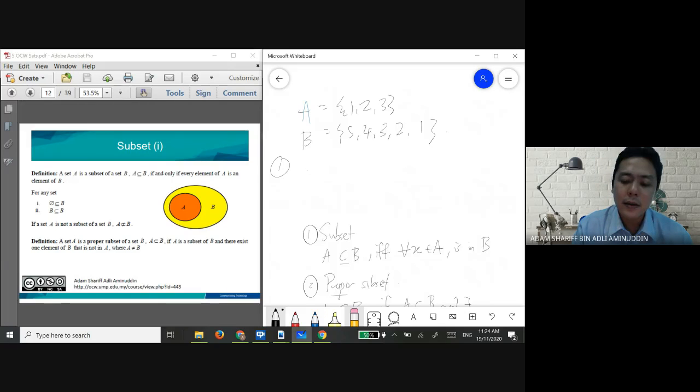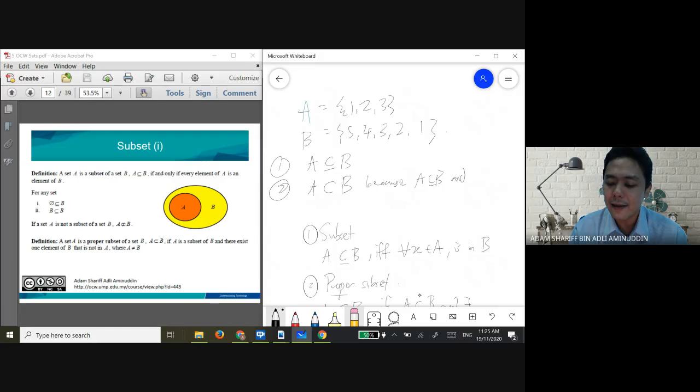A is a subset of B clearly because all element of A is in B. A is also a proper subset of B, because A is a subset of B and 4 is not an element of A. It must be at least one element of B which is not in A. So if you try to apply inequality concept, A is significantly smaller than B.